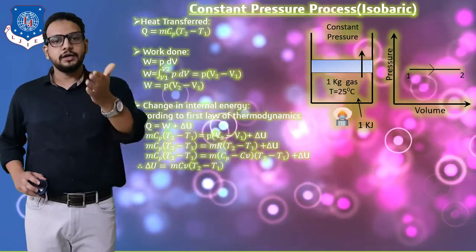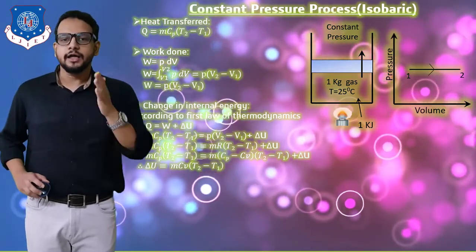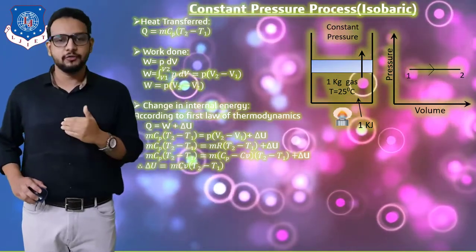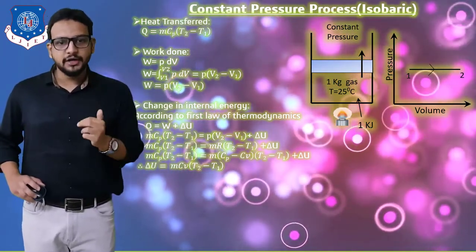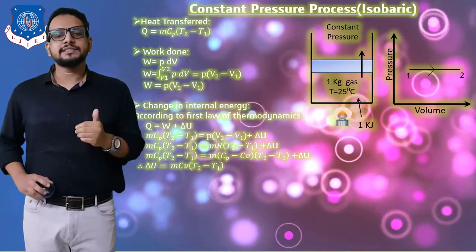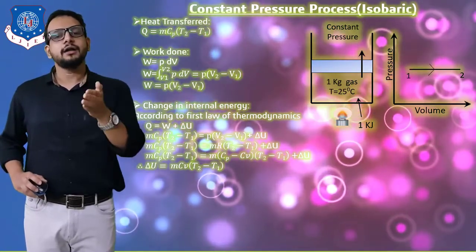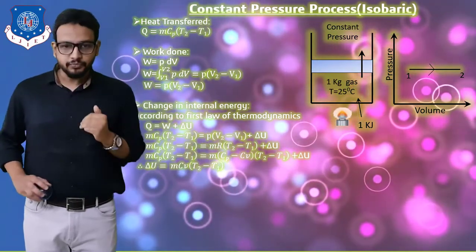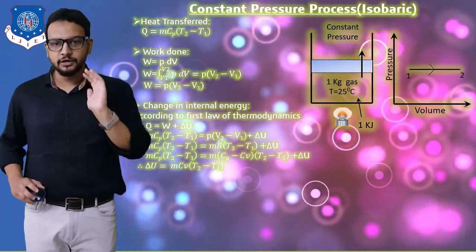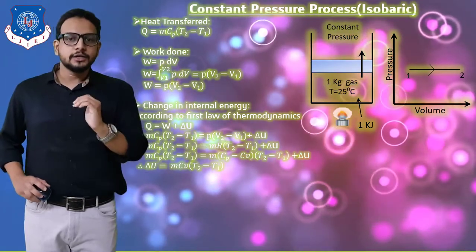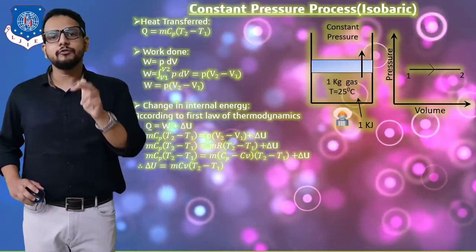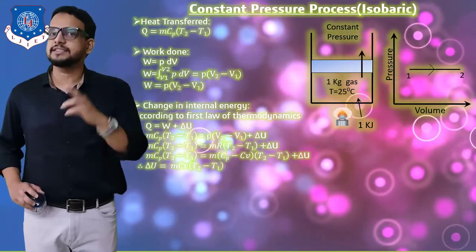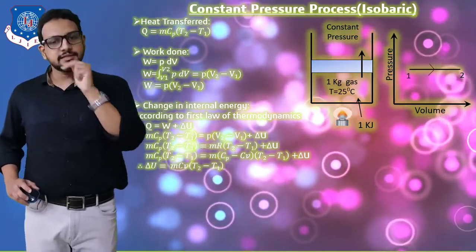Okay, now in the next step, what I have done, I have substituted the value of PV equals to mRT, that is from the characteristic gas equation. So in the next step, I have written m Cp (T2 minus T1) is equal to mR (T2 minus T1) plus delta U. Okay, so I hope that you are clear up till here. Now in the next step, I have substituted the value of the characteristic gas constant R from Mayer's equation, that is R is equal to Cp minus Cv.